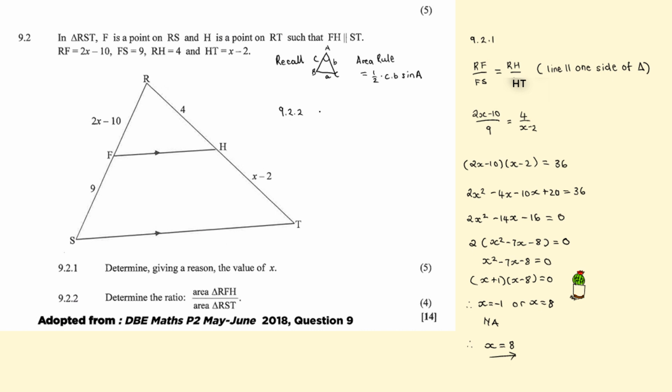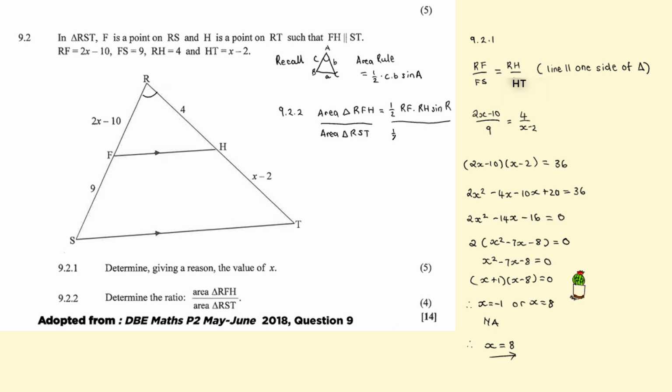Okay, so let's look at the area of the small triangle RFH. This is equal to, from this area rule, a half times, let's choose the side RF times RH times the sine of the included angle, which would be R. Okay, we need to divide this by the area of the big triangle RST.